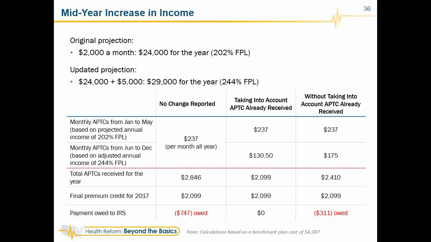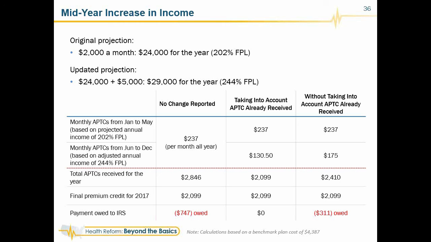Well, the way that it currently works in healthcare.gov, when you report the change in income, it is going to calculate the APTC based on your new income without accounting for the excess that you received in prior months. And so instead of giving George $130 a month for the remainder of the year, they're going to give him $175 a month for the remainder of the year.